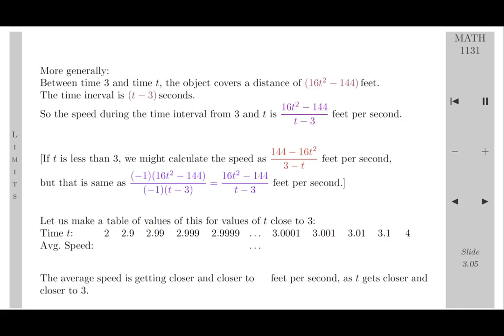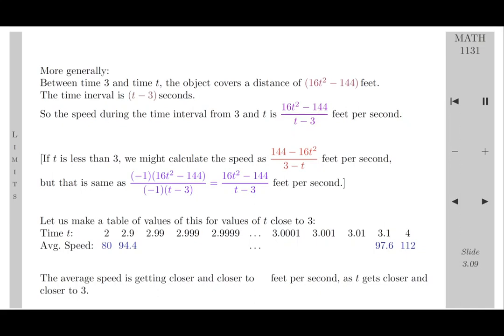Now let's tabulate the speeds for the interval between 3 and the listed value of t. Let's put in the values we found before. Speed of 80 feet per second for t equals 2, 112 for t equals 4, 97.6 for t equals 3.1, 94.4 for t equals 2.9.